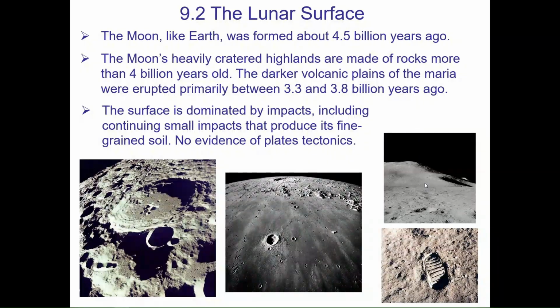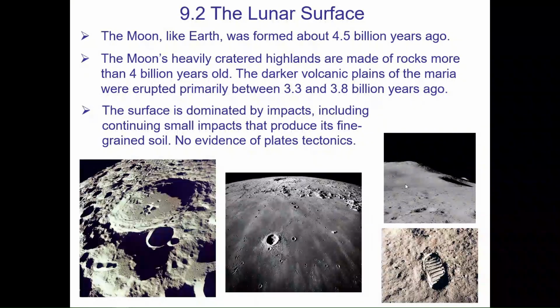Remember when we talked about the Earth, the reason Earth's mountains have cliffs and sharp peaks is that wind, water, and ice erosion basically carve them into cliffs and sharp peaks. However, on the moon, remember, there's no air, so there's no wind.